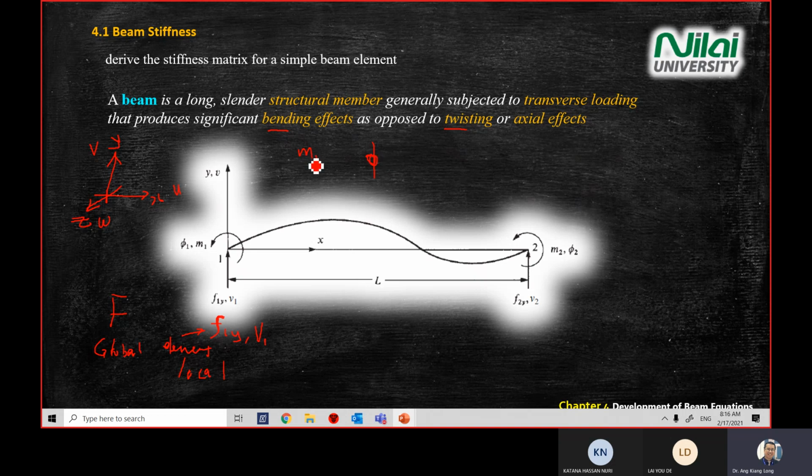You have one moment here, and then there's a twisting behavior. We use phi, and the subscript 1 refers to node 1. Apply the same for point 2. You see the small f2y, and v2, and also m2 and phi2.